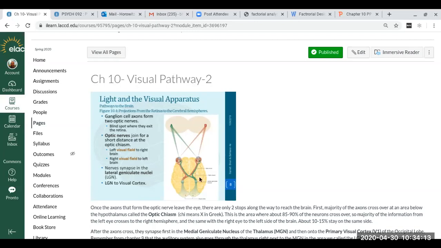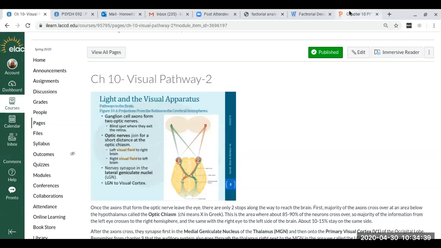Everything in green is in the right, everything in red is in the left at this point. Here in the lateral geniculate nucleus of the thalamus, they synapse, and then they get projected to the visual cortex, or V1, of the occipital lobe. And remember from chapter 3, the occipital lobe only has one job: visual information.